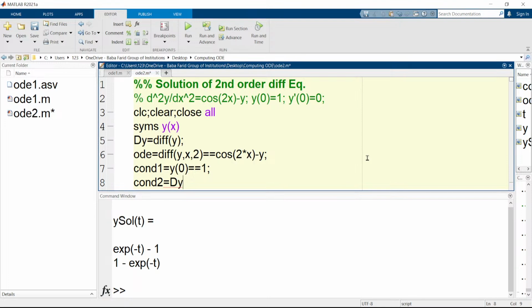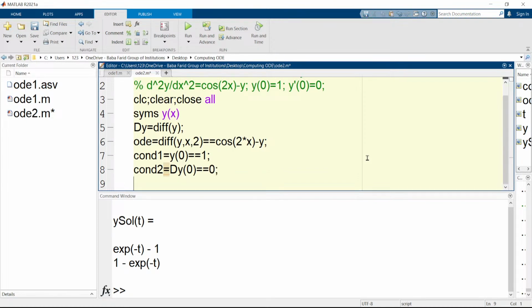We are using here dy. The meaning of dy means y dash 0 is equal to 0. So this second condition has been inserted at its place. Then we need to store both the conditions in the single statement.